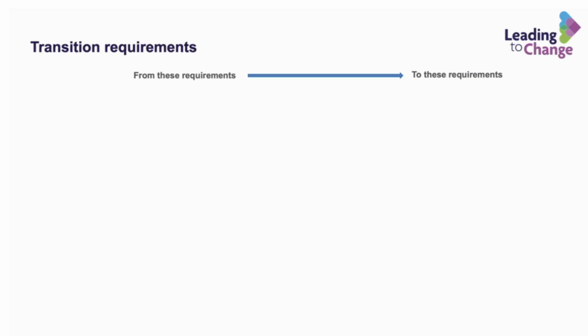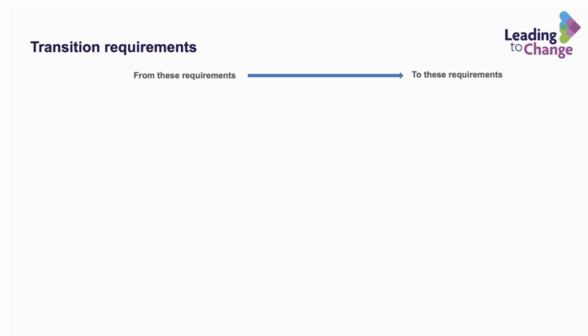Finally, the last area we look at is the transition requirements. And what we've looked to do here is summarize some of the key transitions that we think are important depending upon the type of leadership role that you're in and are looking to move towards.